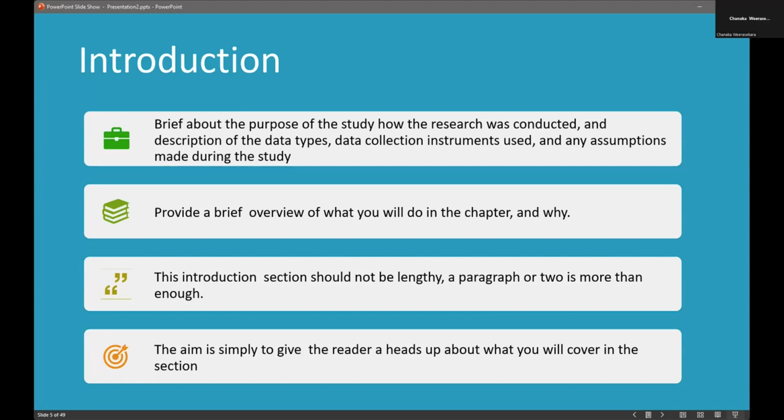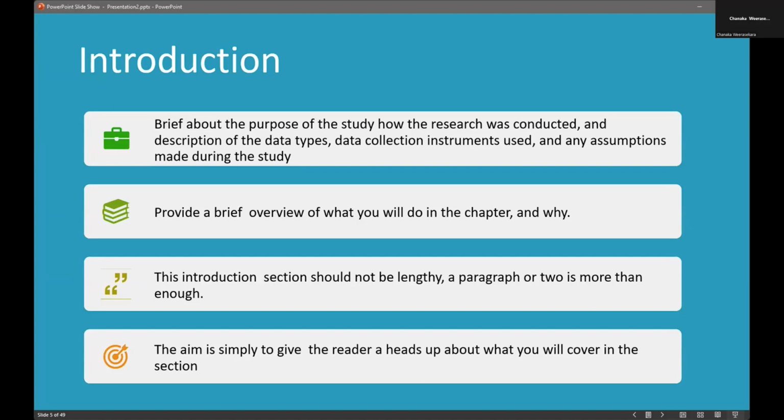So it's just a brief paragraph. We are not going to write much. We are not going to introduce our research all over again, because we have already done that in the introduction part. Here the purpose is just to remind the reader about the research purpose and the objectives.